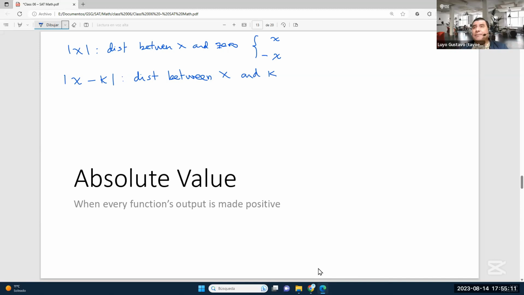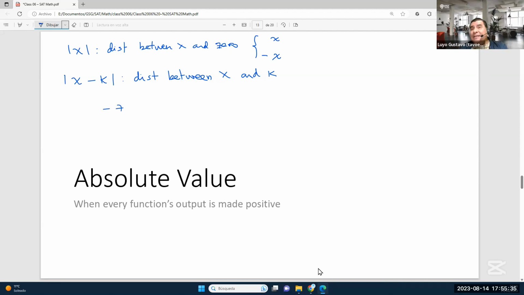So say, for example, how do we understand this if they tell me that a number must be at a distance of 2 from some constant, -7.